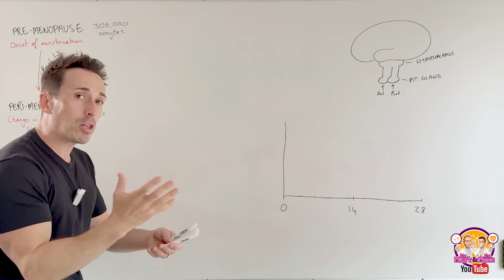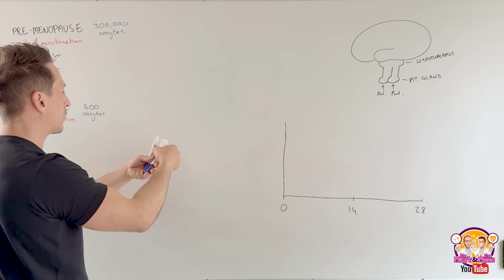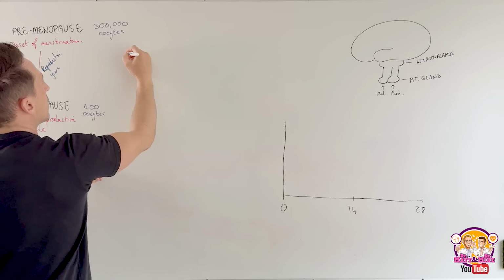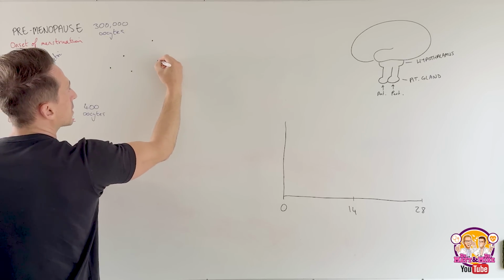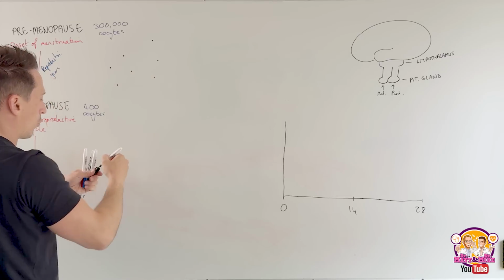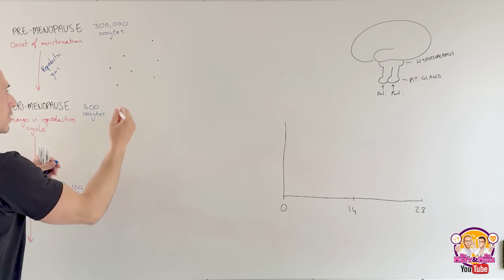Now, follicles are the oocyte, the egg, surrounded by cells. So if I were to say, all right, here we go, there's an oocyte. We know that multiple oocytes start to grow and develop within follicles. Now, follicles have 2 major types of cells associated with them.